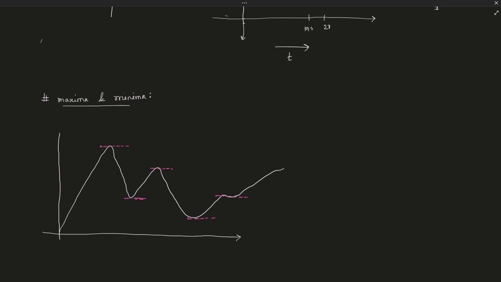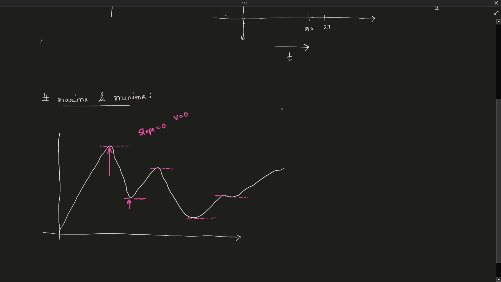Basically, the horizontal line holds the tangent, and the slope will be zero. So in these points, the velocity will be zero, which means the car stopped at these points.